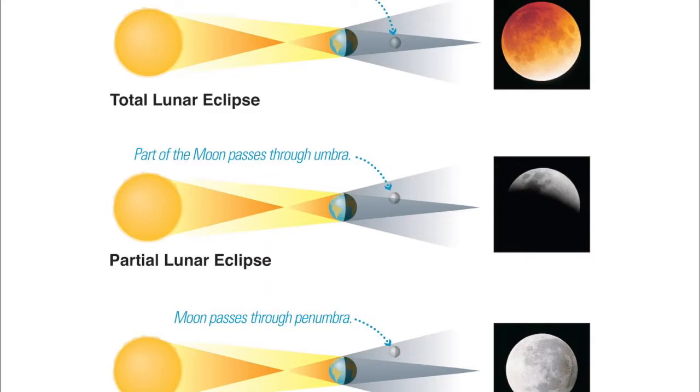Okay? And there's three types. There's a total lunar eclipse, a partial lunar eclipse, and a penumbral lunar eclipse. Okay? What are the differences? So a total lunar eclipse is when the moon passes through Earth's umbra. In that case, it is completely blocked off from the direct sunlight from the sun.